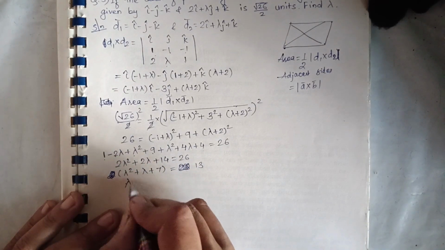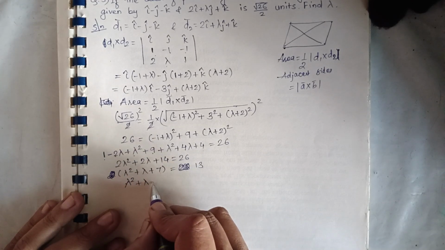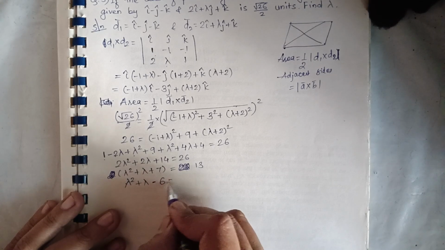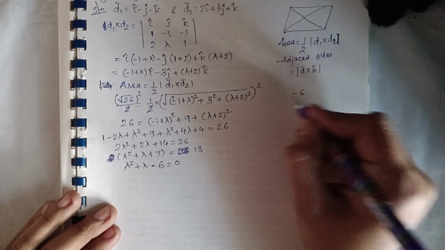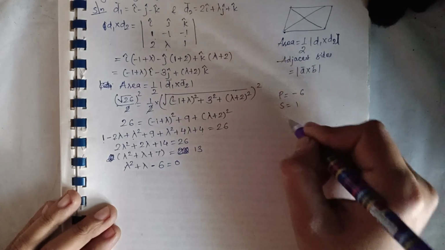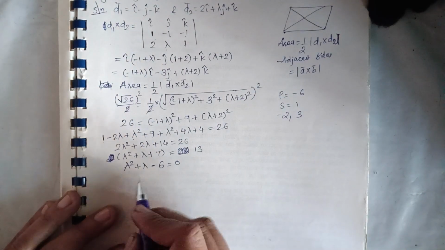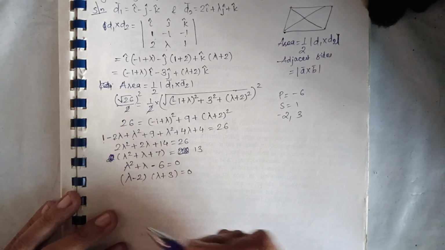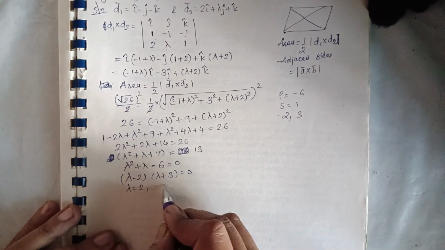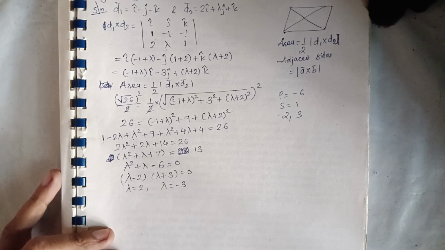Okay, so we will get a quadratic equation, lambda square plus lambda minus 6 equal to 0. So the factorization: product minus 6, sum is 1, so 3 and minus 2. So lambda minus 2, lambda plus 3 equal to 0. Okay. So lambda is equal to 2 or lambda is equal to minus 3. These are the values of lambda. Okay.